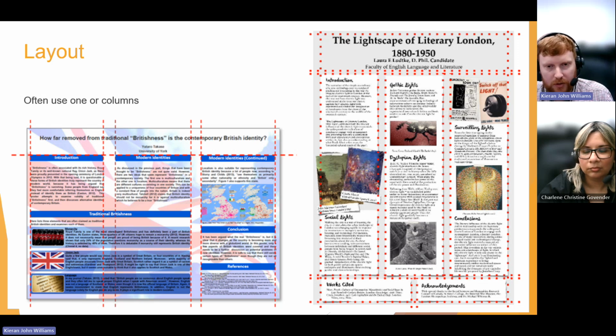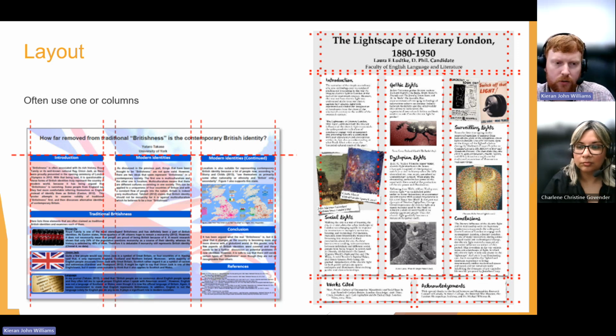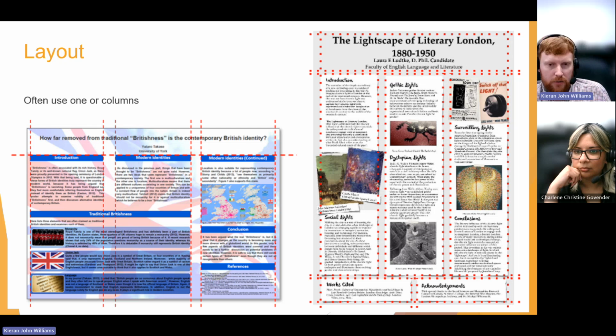Like you can see on the screen, especially for the one on the left, it's split into 3 columns, and the 3 columns are very good at dividing that information up into easy to read, manageable chunks. And the one on the right, although it looks different, has some similarities. It still has 3 columns and the information is still divided up into those columns. So columns are a good way to go.